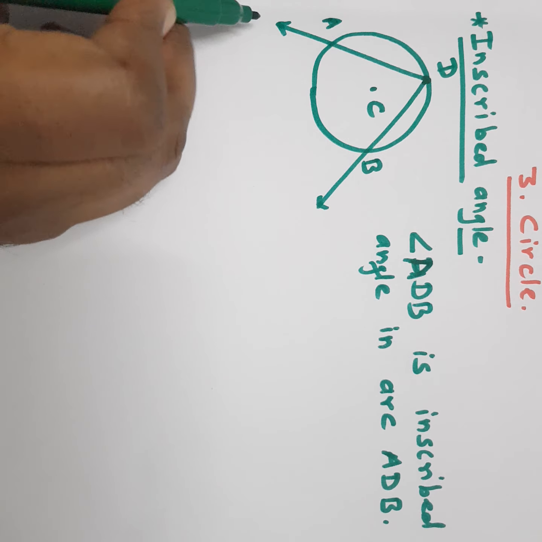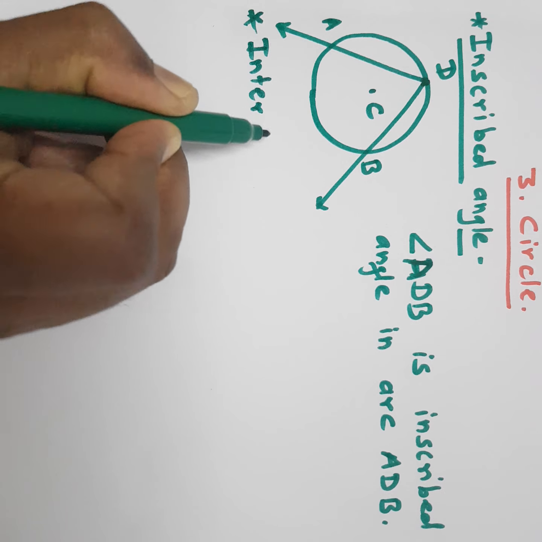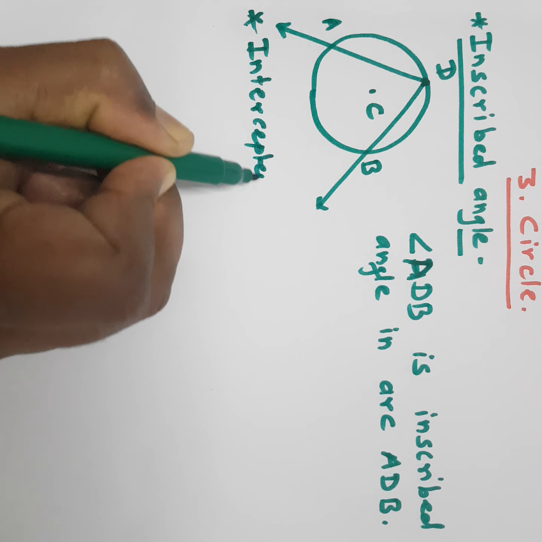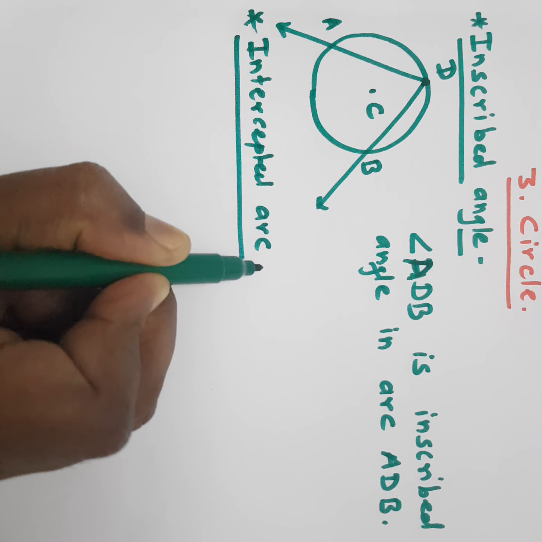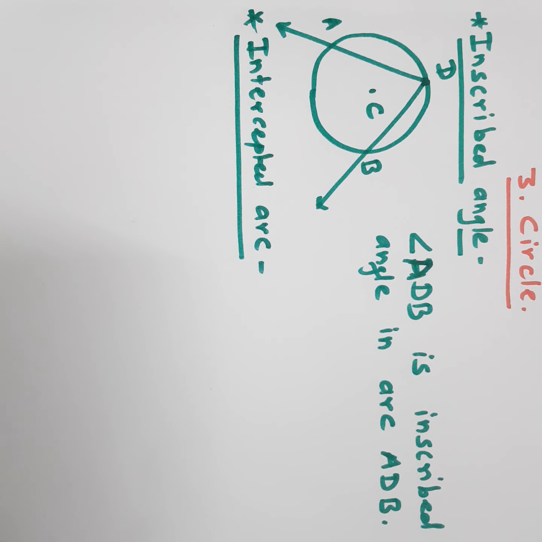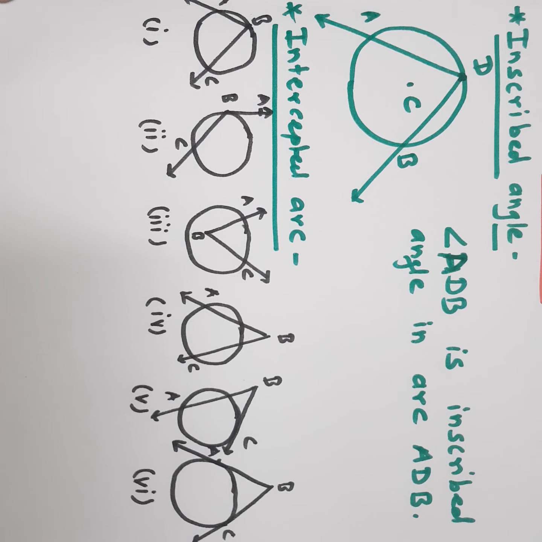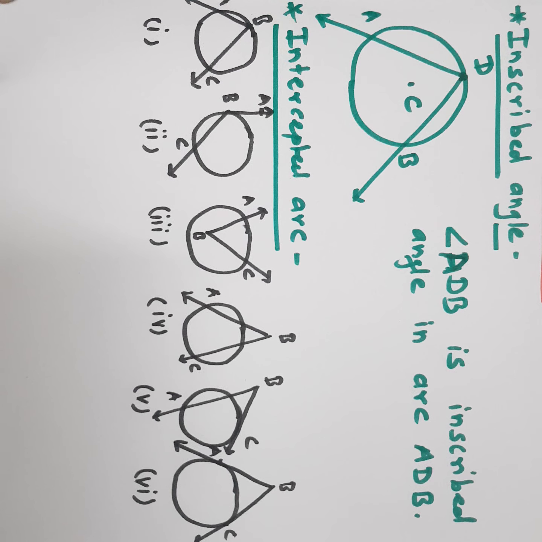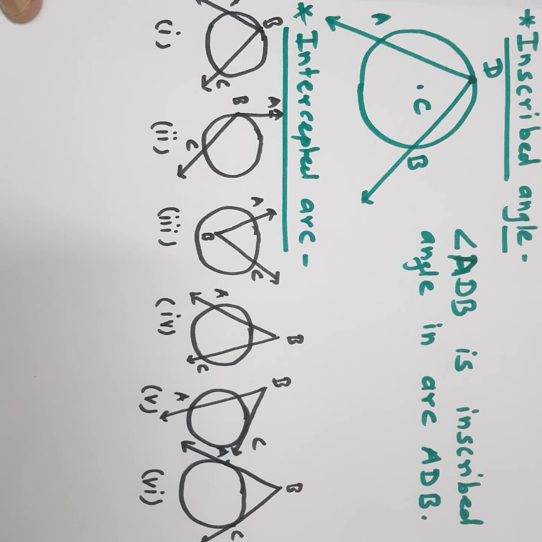Now we will see the next concept, that is intercepted arc. Here there are 6 figures. In each figure angle ABC is drawn with respect to the circle.